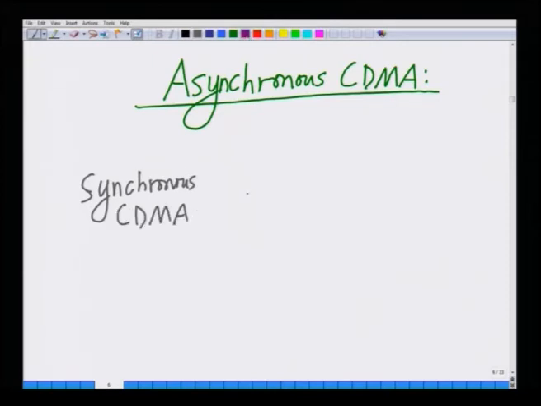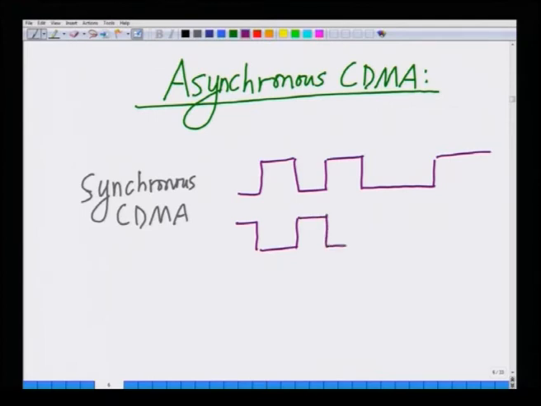In synchronous CDMA, I take the signals of different users and I align them. Let us say these are the codes of the different users, these are code 0, these are code 1. I align the edges, look at what I have over here.